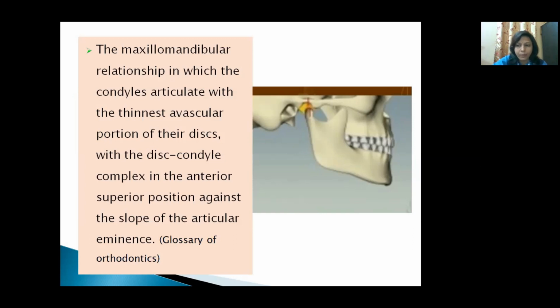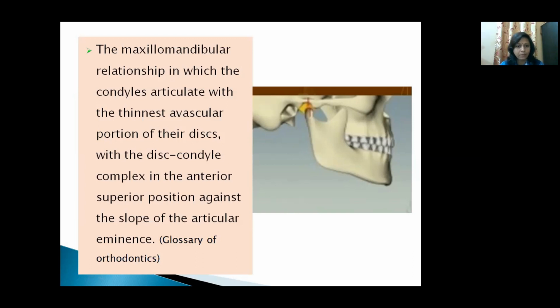So in the centered position there is an absence of translation, and it is a muscle-determined position, also called the retruded contact position. The maxillomandibular relation in which the condyles articulate with the thinnest avascular portion of their disc, with the disc-condyle complex in the anterior superior position against the slope of the articular eminence.